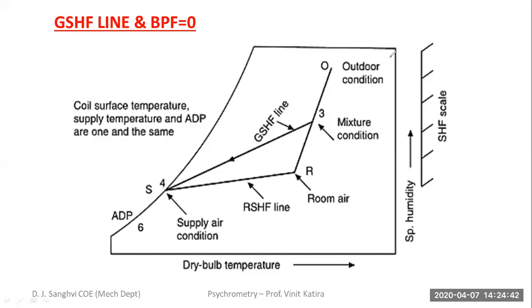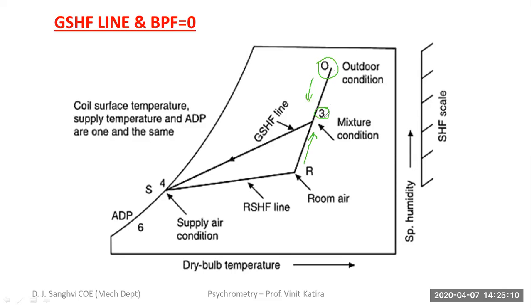Over here we can see this point 3 is your mixture condition. That means some amount of air from this outdoor condition is going to get mixed with this room air, and the resultant property will lie in between these two properties.